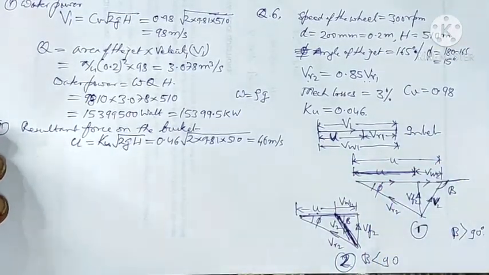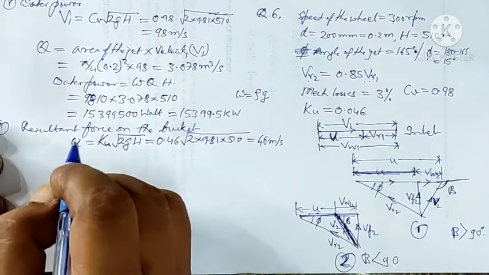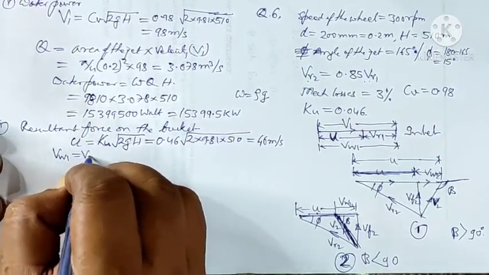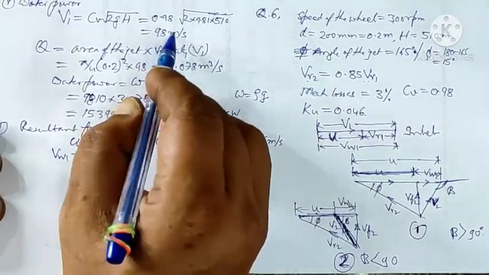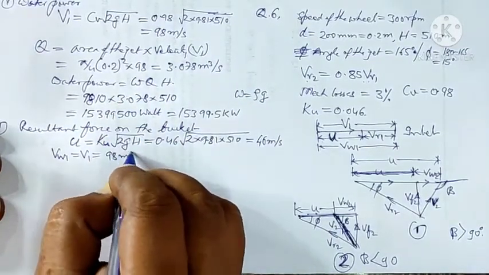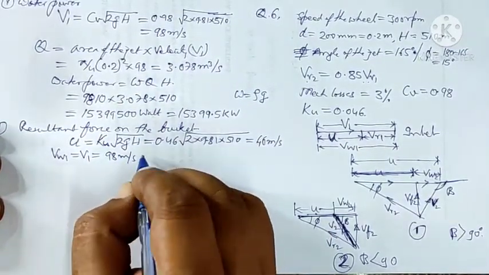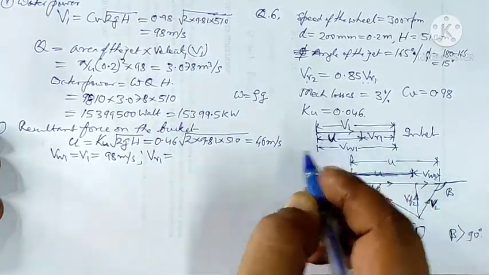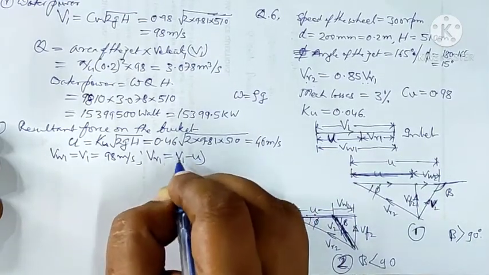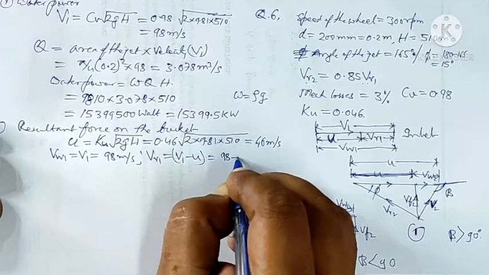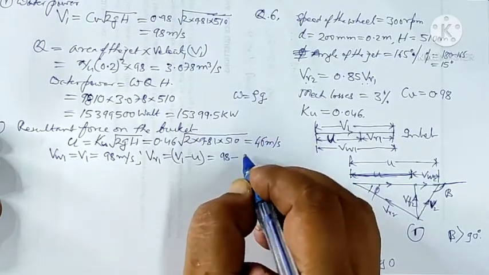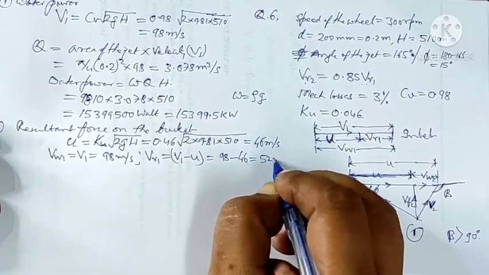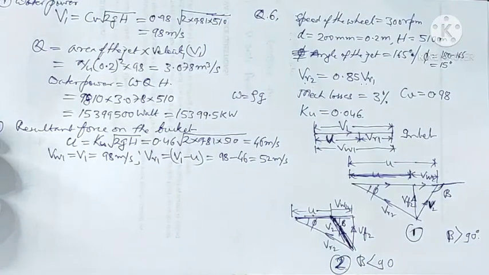So from this particular figure we can say at the inlet of the turbine VW1 is equal to V1, which is equal to 98 meters per second, and VR1 is equal to V1 minus U. So it is 98 minus 46 equals 52 meter per second. That is about the inlet.